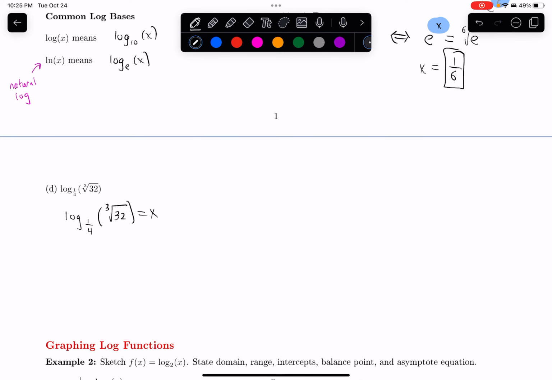I'm going to transform it and put it in exponential form. The base of the log is 1 over 4, and that'll be the base of the power. Then I switch the role of the input and the output. So I'll get 1 over 4, that whole thing, to the x power equals cube root of 32.